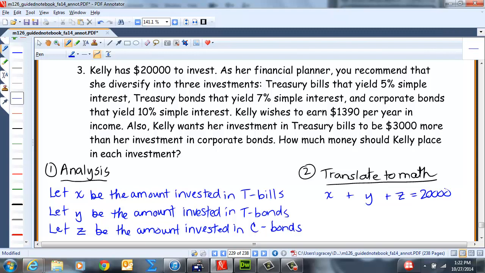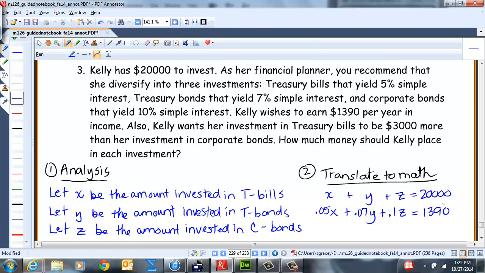So we need to make an interest statement about each of these. So the T-bills have 5% interest, so 5% of the amount invested. The T-bonds have 7% simple interest, and then these guys have 10% or 0.1 of Z, and all of the interest she wants to get per year is $1,390.